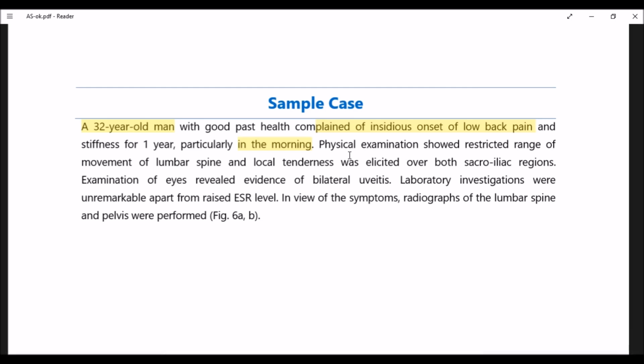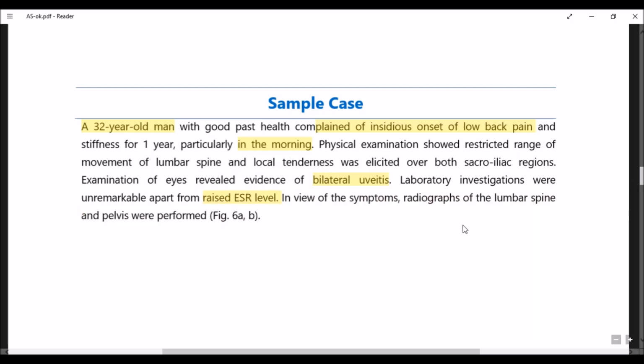Physical examination showed restricted range of movement of the lumbar spine and local tenderness over both sacroiliac regions. Examination of the eyes revealed evidence of bilateral uveitis. Lab investigations were unremarkable apart from a raised ESR.